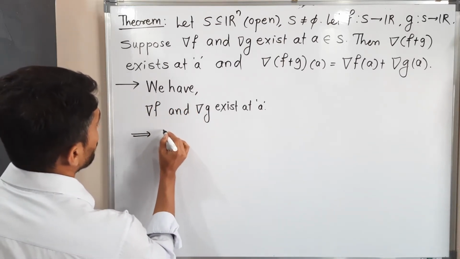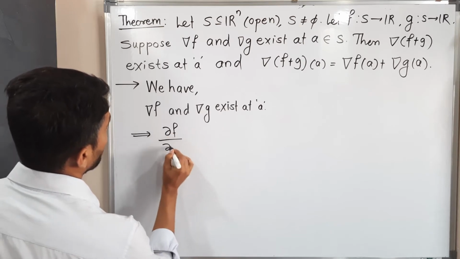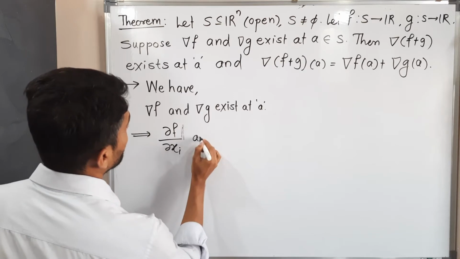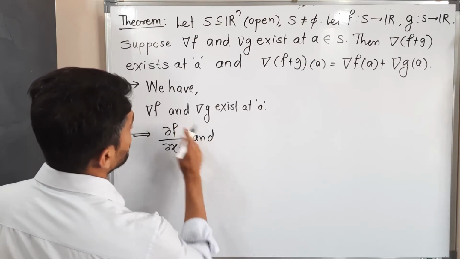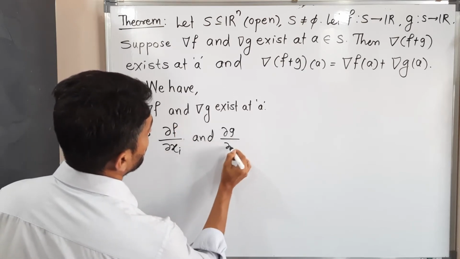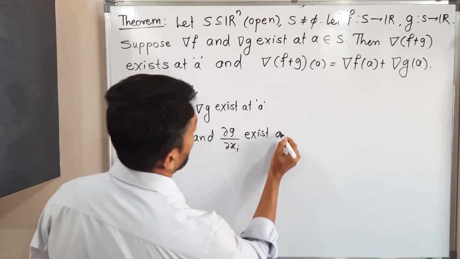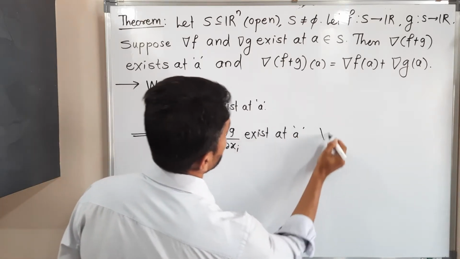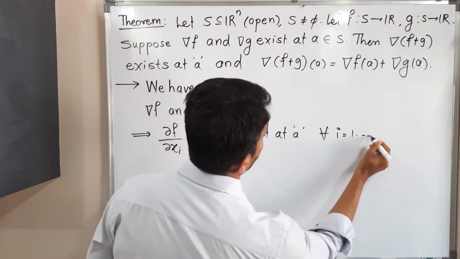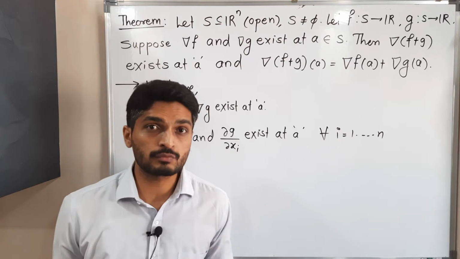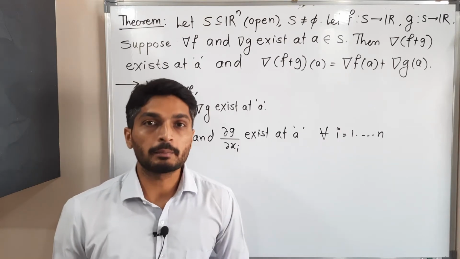That means ∂f/∂xi exists, and ∂g/∂xi exists at A, and this is true for all i running from 1 to n. So all partial derivatives exist for f as well as g at point A.